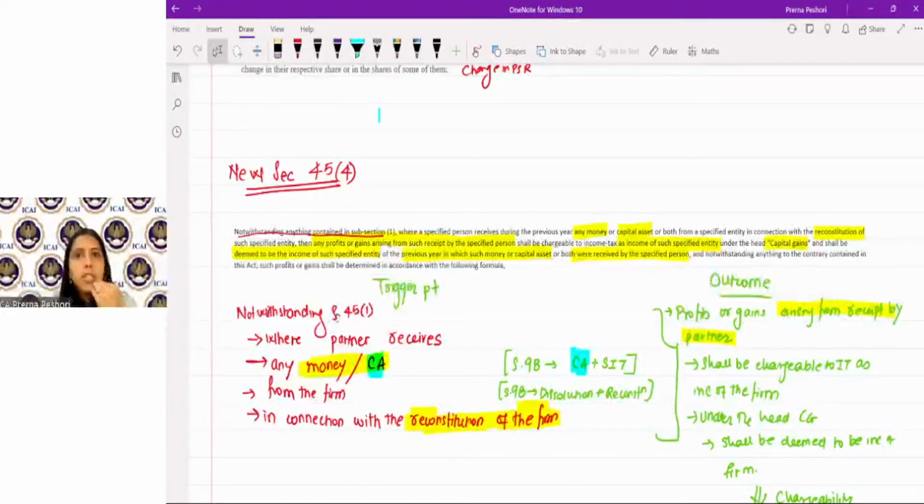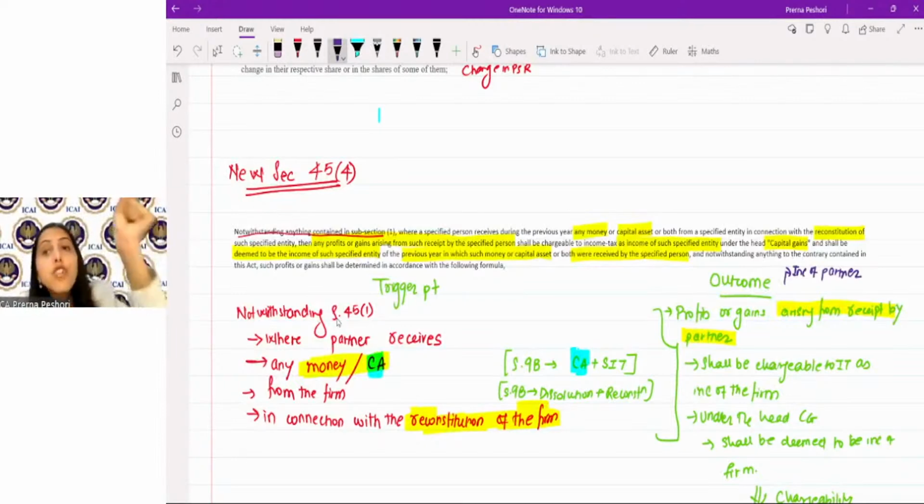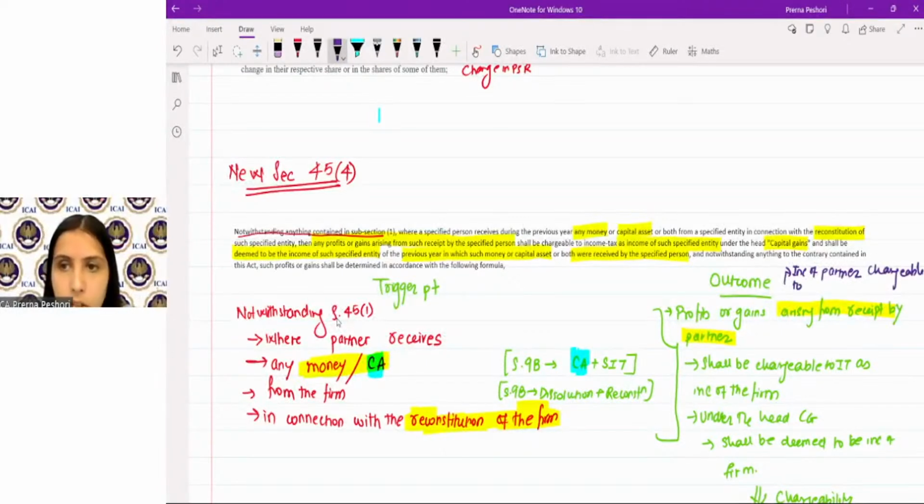Something the partner is losing, and he is gaining over and above that. So the profit or gains arising from the receipt by the partner is the income of the partner, and not of the firm. But this is chargeable to income tax as the income of the firm.